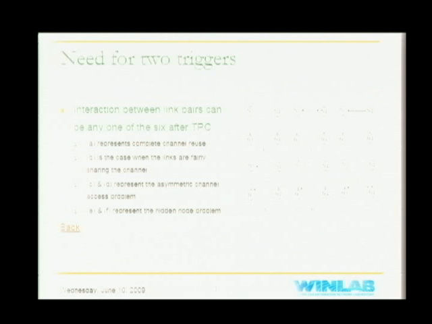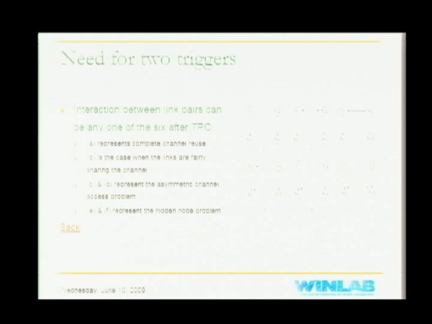These are the 6 possible scenarios that can occur between a pair of links which are operating transmit power control. Again, a detailed study of the probability of the occurrences of these has been made by Kishore, who was in the lab earlier. Again, this work is derived from his.